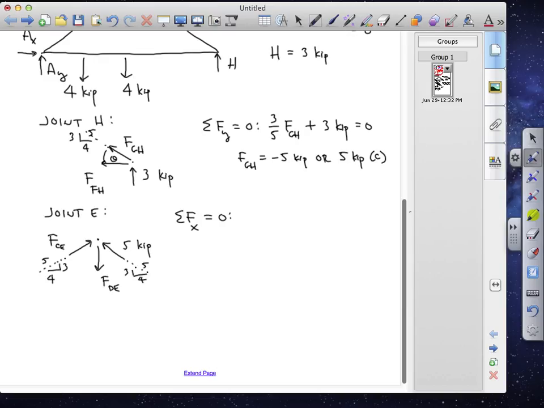Our horizontal equilibrium equation tells us that FCE cosine theta, which is 4/5 FCE, minus 5 kip cosine theta is 0. And so FCE is also in compression by the same amount as FEG.